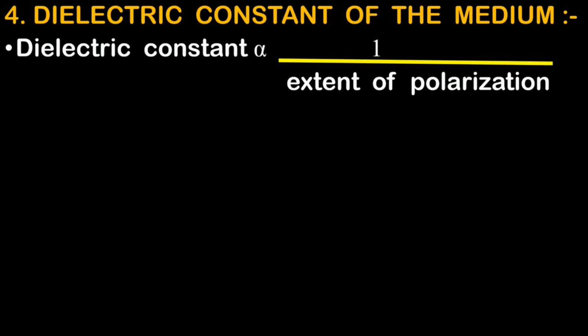Clear with this? So these were the four factors due to which covalent character is developed in ionic compounds, or you can say in the ionic bond. Now, let us come to our main point, that is the Fajans rule. What if I tell you that we have already finished studying Fajans rule in this video?